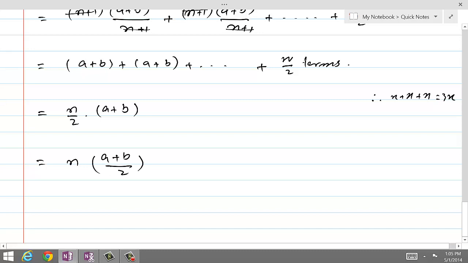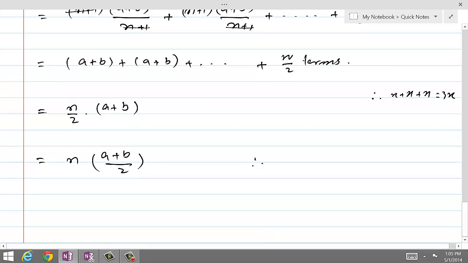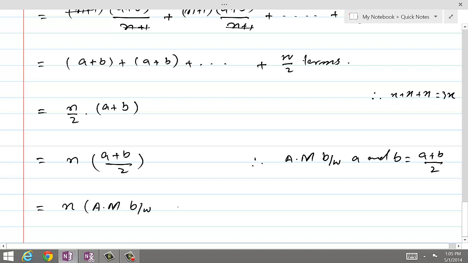But we know that the arithmetic mean between a and b is equal to (a plus b) over 2. This means that this is n times the arithmetic mean between a and b, and this is exactly what we needed to prove.